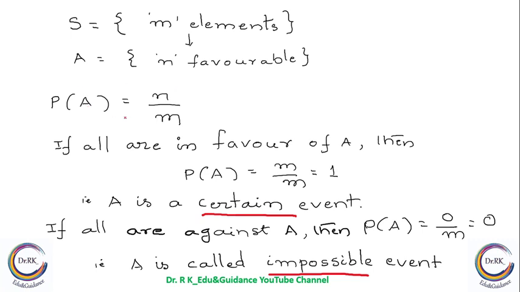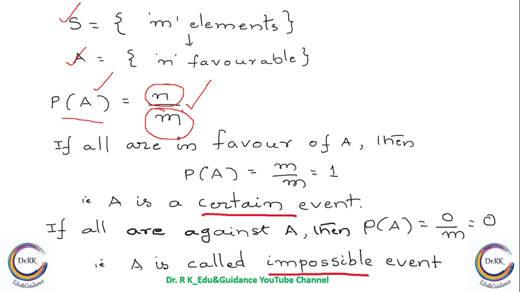As per the previous discussion, P of A equals N by M is the basic definition of probability, where M is the total number of cases in the sample space and N is the number of favorable cases related to the event A. So for the probability of A, what are the two extreme cases?